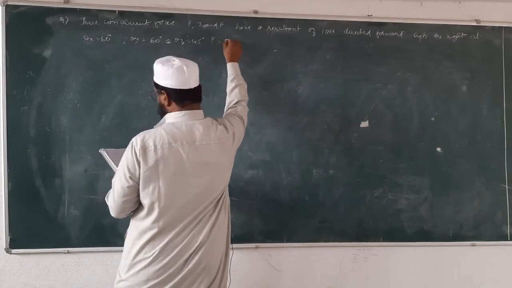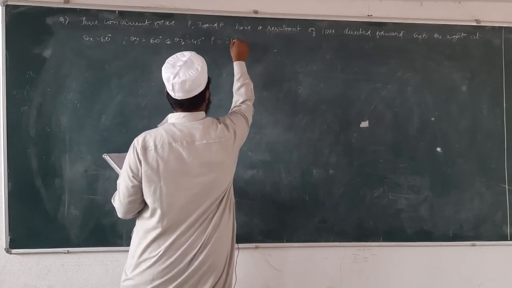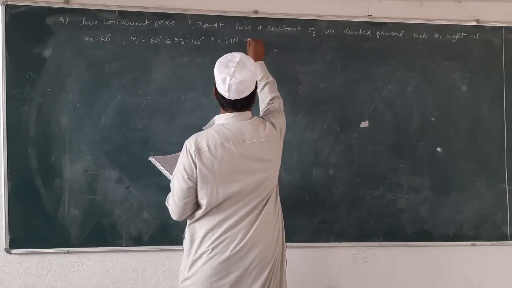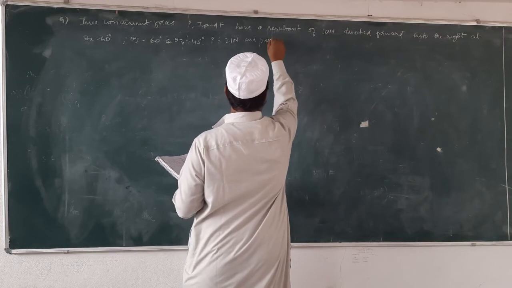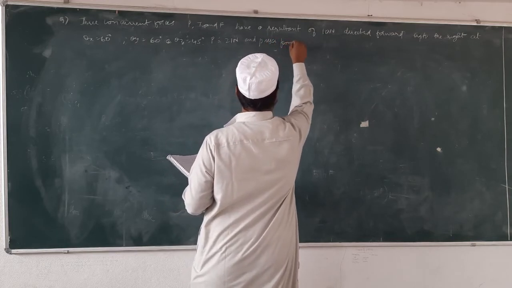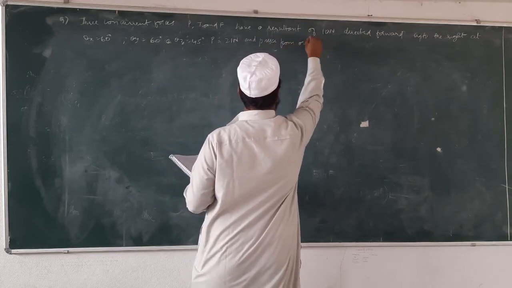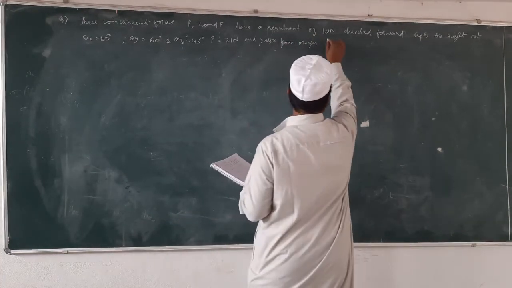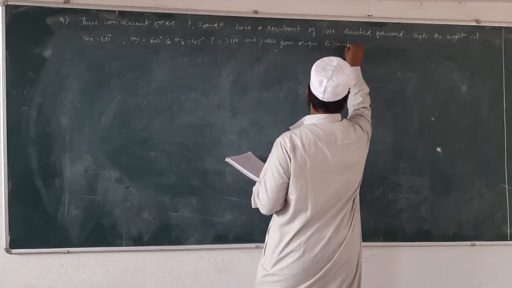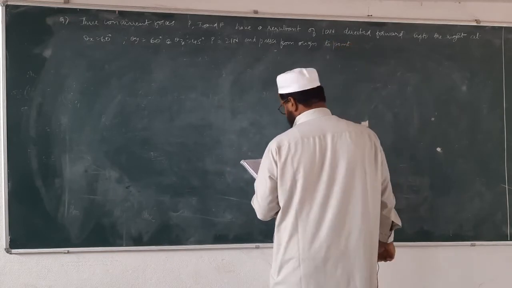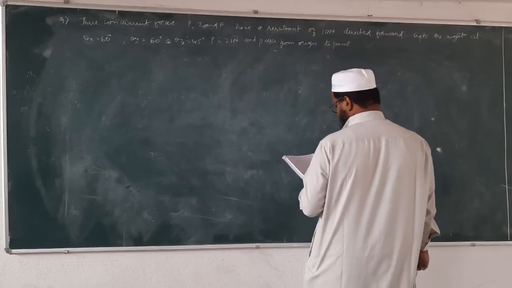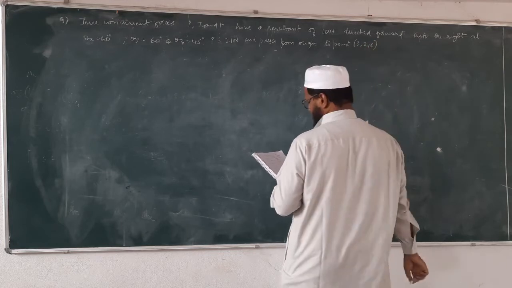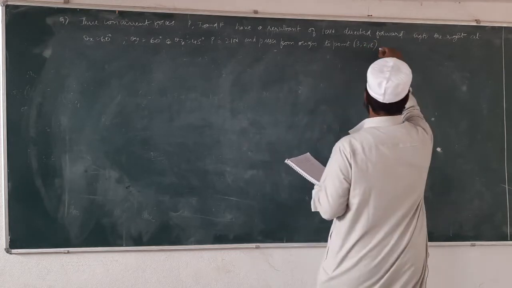P equal to 21 newtons and passes from origin through point 3, 2, 6. Full stop.